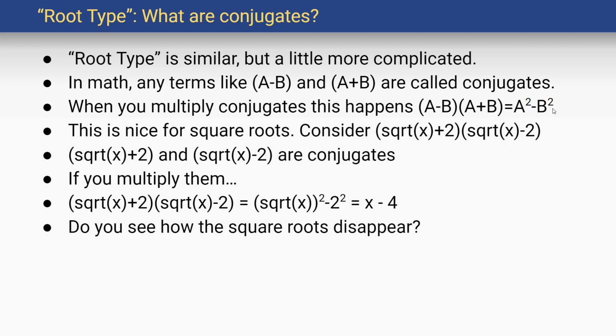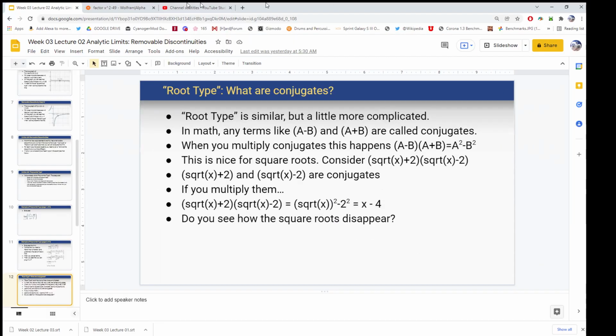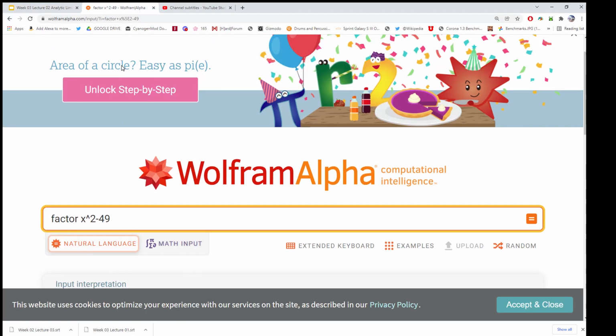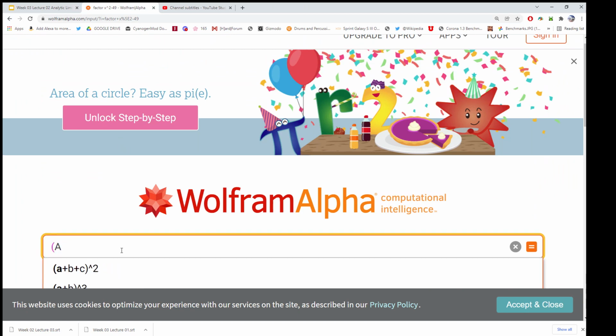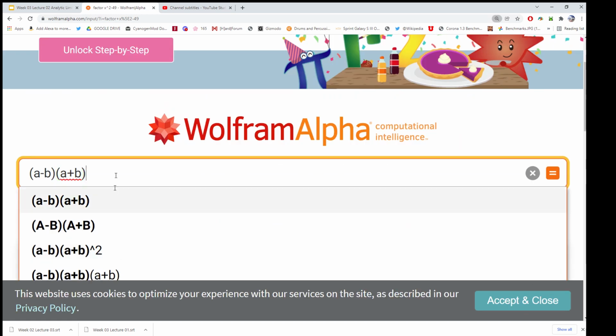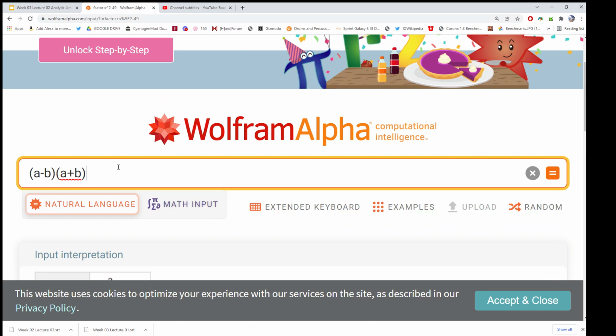Okay, so let's stop here for a second and go over to Wolfram Alpha so I can show you something. If I go a minus b, I'll use lowercase, a plus b. If you have a minus b, a plus b, and you multiplied it out, you would have to do foiling, right?